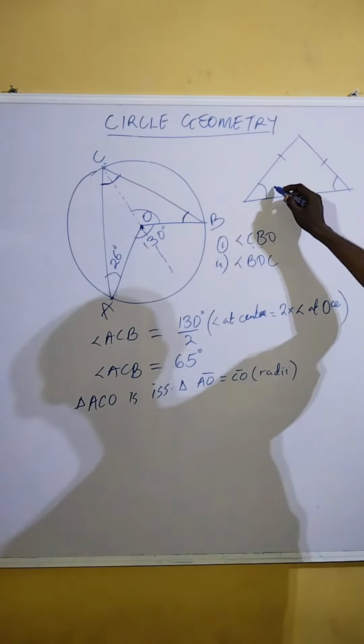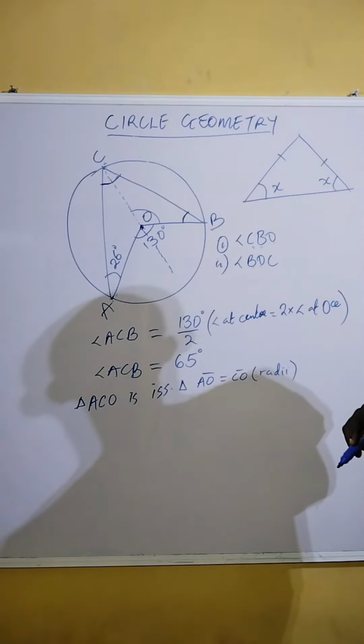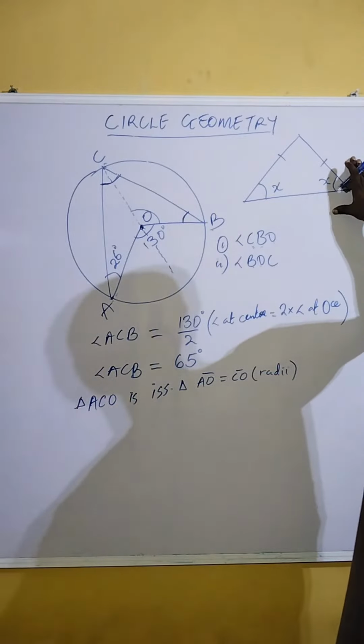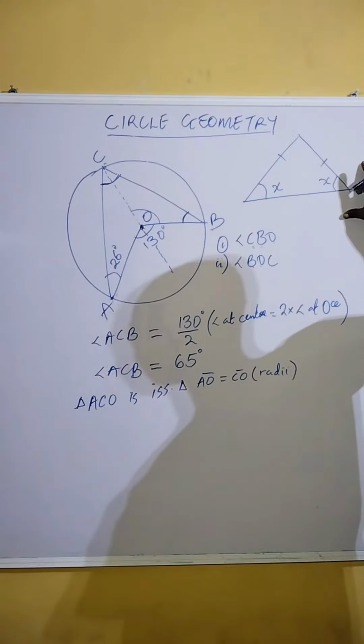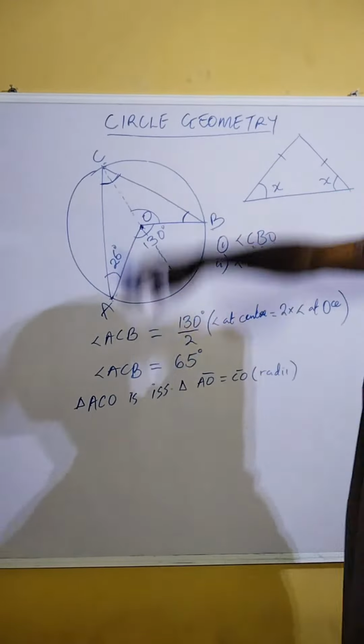So whatever this angle is, this angle will be. If this angle is X, this angle will be X. That's under plane geometry. It is like a pre-knowledge, what we need to have known before we move to circle geometry.